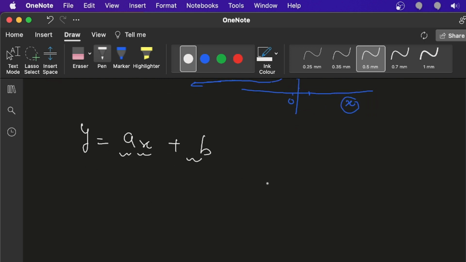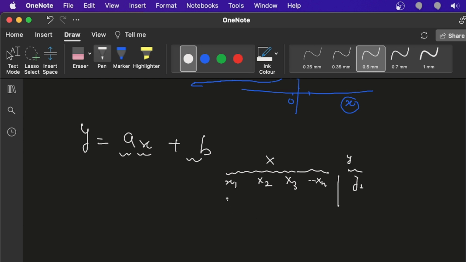In the real world, the data set looks like this: x1, x2, x3, and xn, and there is a y1. So this is your x, and this is your y.